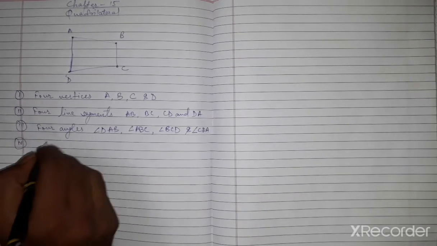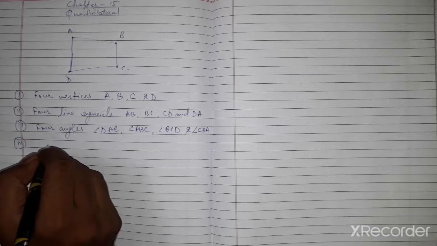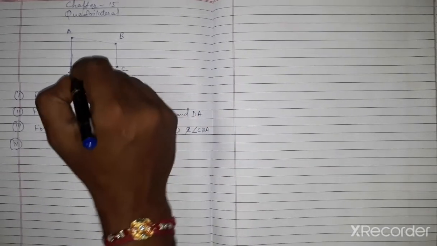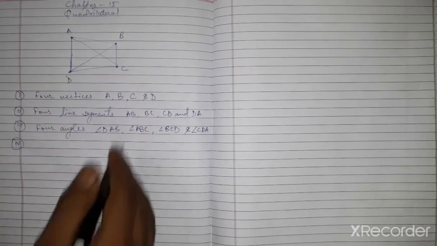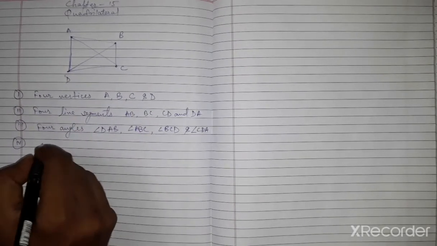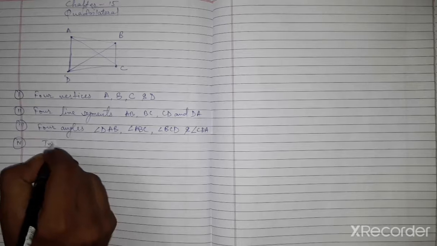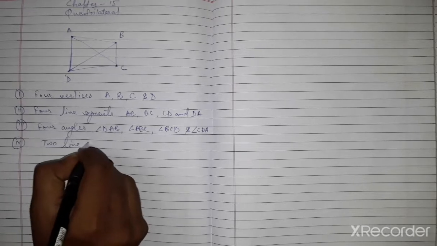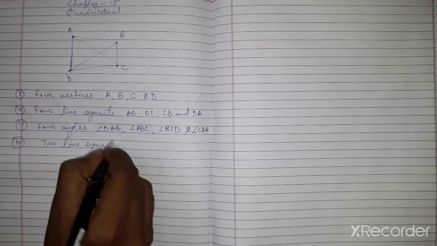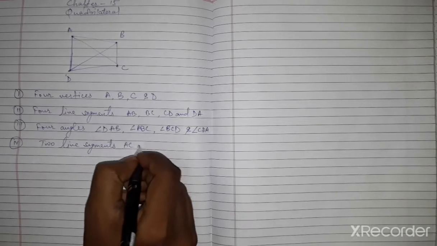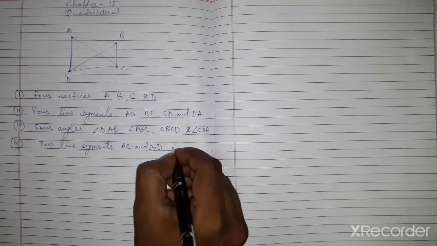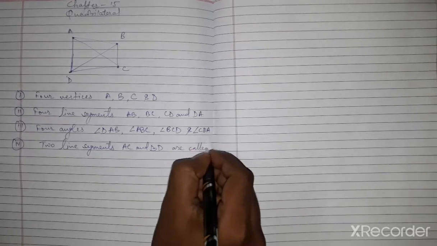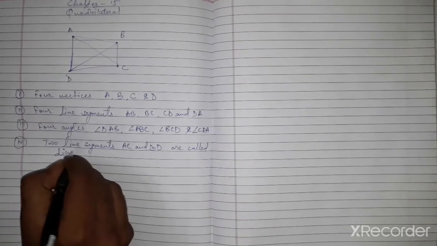Fourth, they have 2 line segments, that is AC and BD, which are called diagonals.